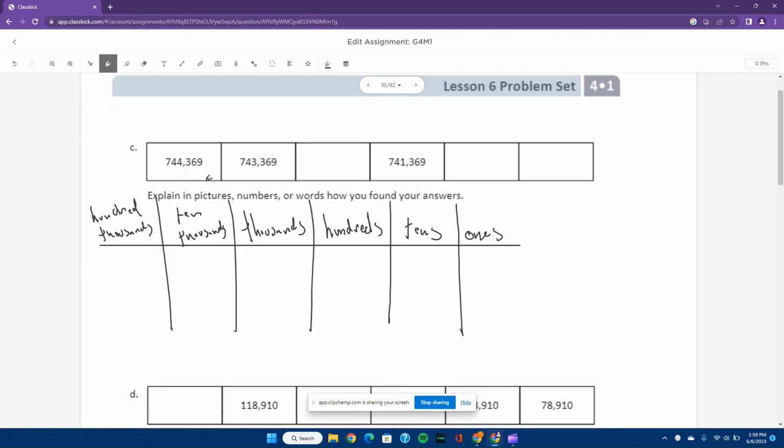Let's take a look at 18. Now that we have a starting amount, I'm going to put this number into my place value chart. So 7 is in the 100,000s place, 4 in the 10,000s, 4 in the thousands, 3 in the hundreds, 6 in the tens, and 9 in the ones.